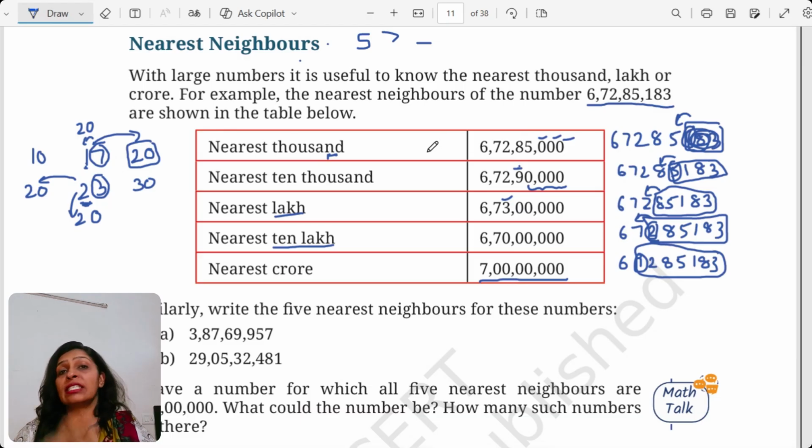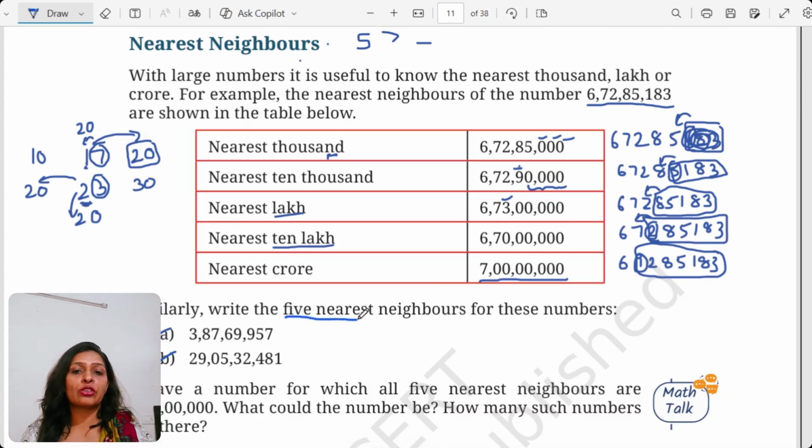As we started with the concept that 5 plays a very important role, right? It is going to create the balance between all the numbers. So if you have understood how we made these numbers to the nearest neighbors, I'm sure you will be able to crack the questions given here. These two parts, I expect you to do yourself.